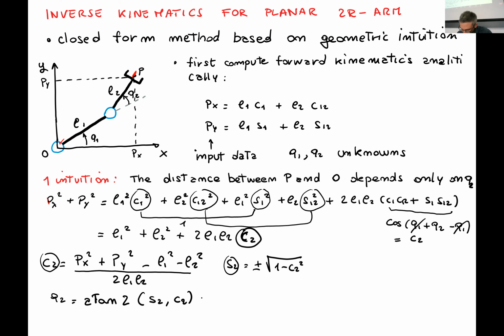We remember that the arctangent function is defined in minus pi to pi, so it's better than the arc cosine. And we have two solutions. Again, remember this, for the inverse kinematics, that correspond to the elbow up and elbow down configurations.